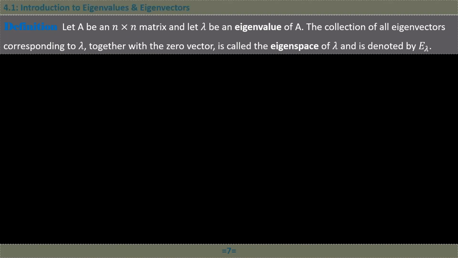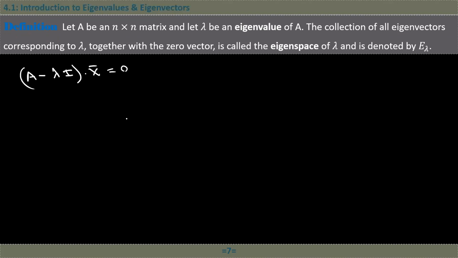What is that space? As you see here, the set of all eigenvectors corresponding to an eigenvalue lambda of the matrix A is just the set of non-zero vectors in the null space of A minus lambda times I, because here we are solving the system, right?